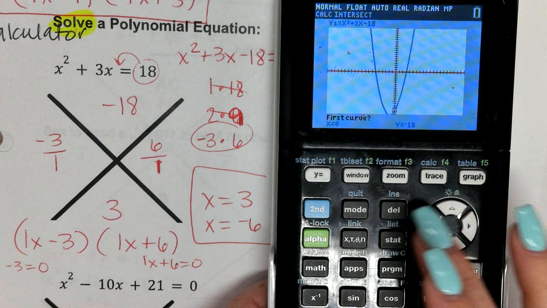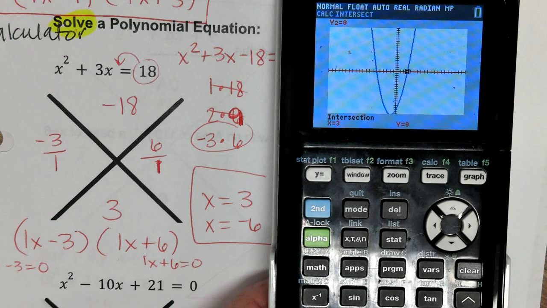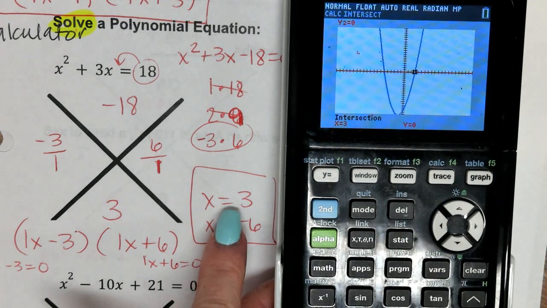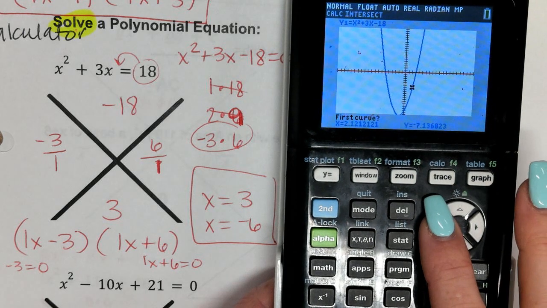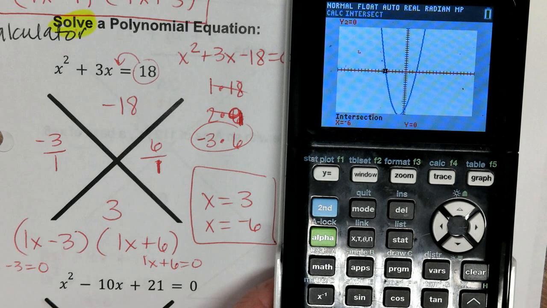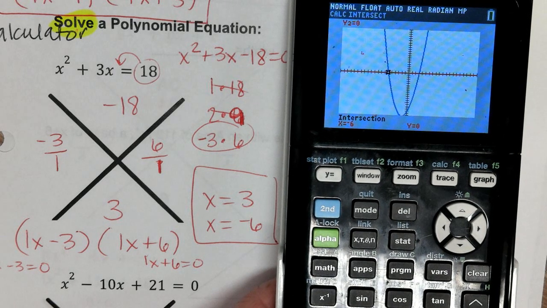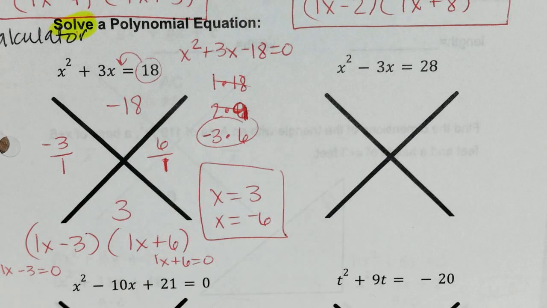So my first one, I'll do this one. Enter, enter, enter. X equals 3. Did I get it right? Yep. Second trace option 5. Let's go to the other one. Enter, enter, enter. X equals -6. So I did get them right. But on the assignment, you don't even have to factor. You can just use your calculator. Okay? All right, let me pass out the assignment.